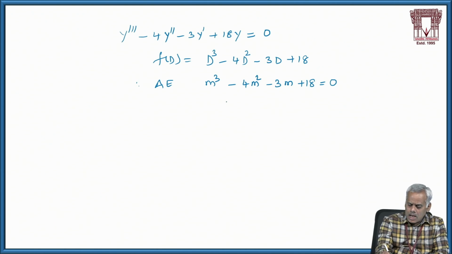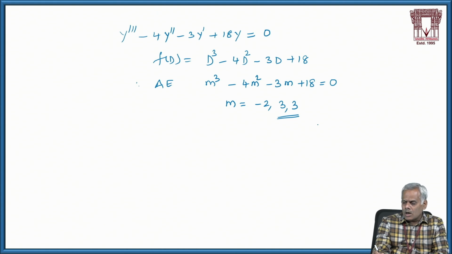Then we get roots as m is equal to minus 2, 3, 3. So this 3 is repeated twice, that is r is equal to 2, and the distinct root is minus 2.